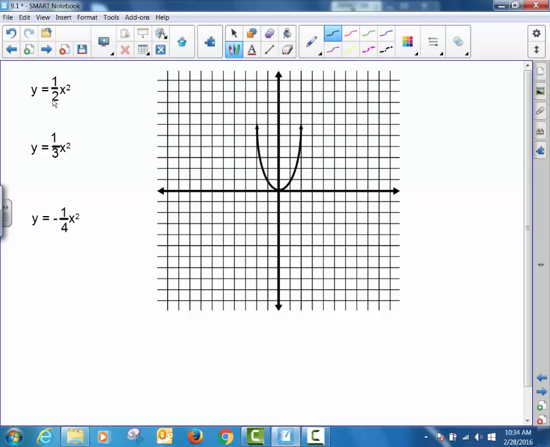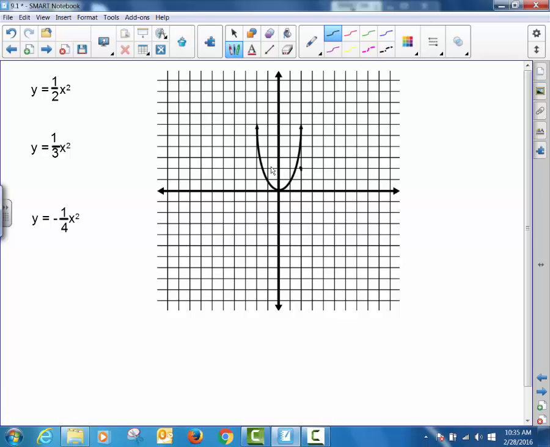If they get skinnier whenever we're talking about numbers that are greater than 1, what do you suppose will happen for numbers between 0 and 1? You probably already know this, but let's go ahead and try one. If we let x equal 2, then 2 squared is 4, and half of 4 is 2. So we come over here to 2, 2.